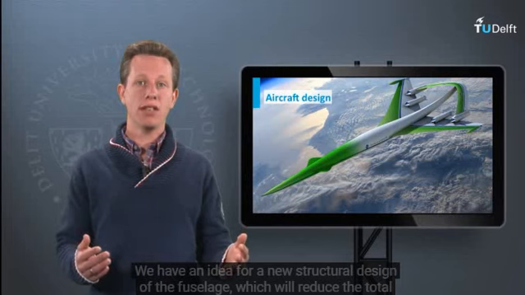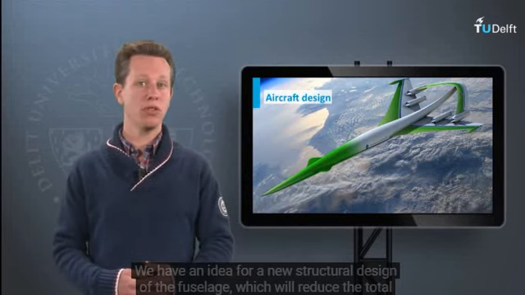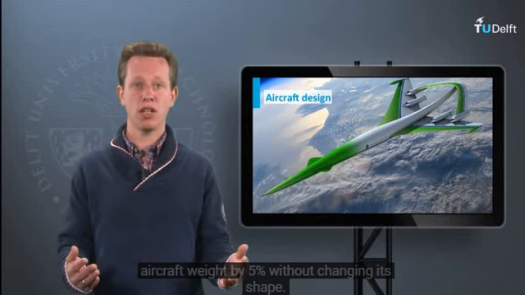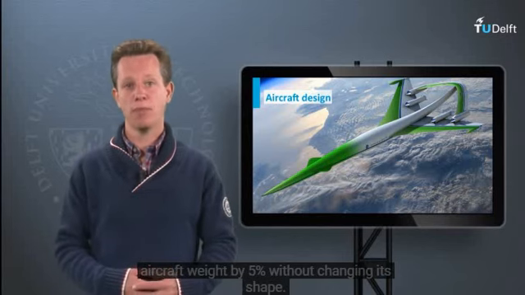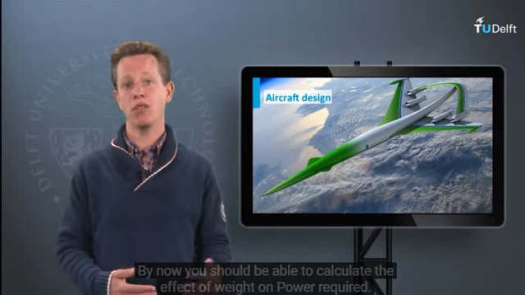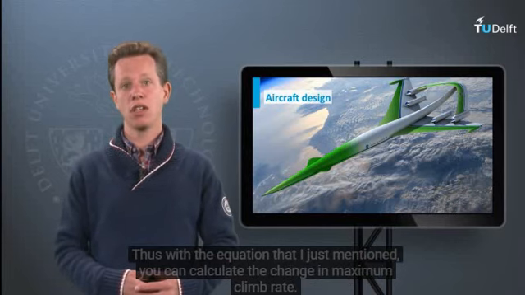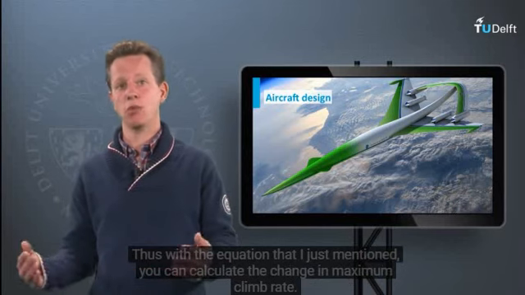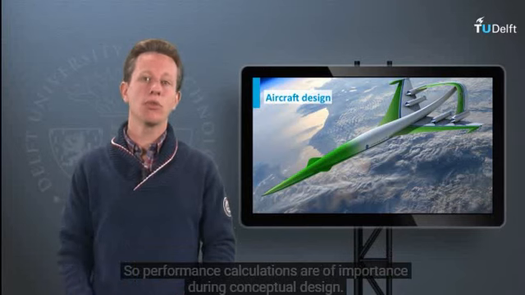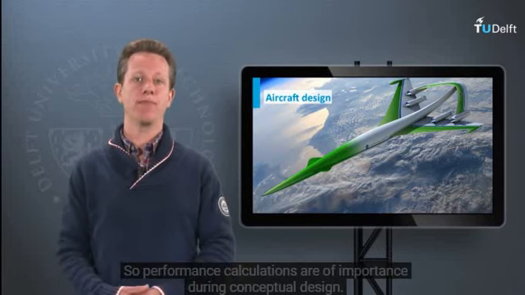Now, we might have an idea for a new structural design of the fuselage, which will reduce the total aircraft weight by 5% without changing its shape. By now, you should be able to calculate the effect of weight on power required. Thus, with the equation I just mentioned, you can calculate the change in maximum rate of climb. So, performance calculations are of importance during conceptual design.